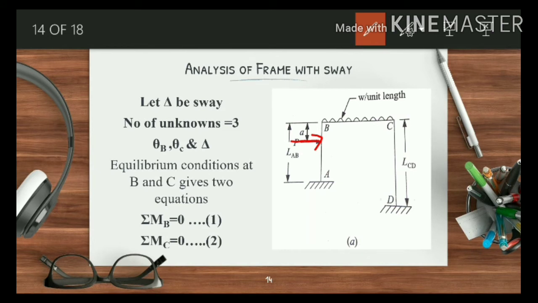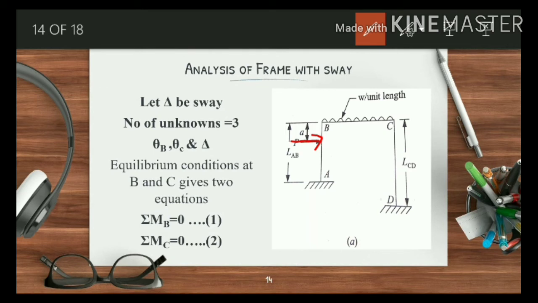So in this frame, when we consider spans AB, BC, CD, theta A value will be 0 and theta D value will be 0. The unknowns will be theta B, theta C, and due to this sway frame, delta is also unknown. So here the number of unknowns will be 3.